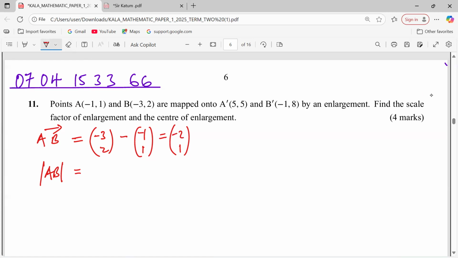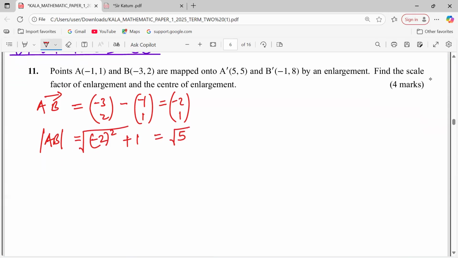Sorry for that. So we need -2 squared plus 1 squared, the square root. So we need the square root of 5. That is the magnitude of vector AB.